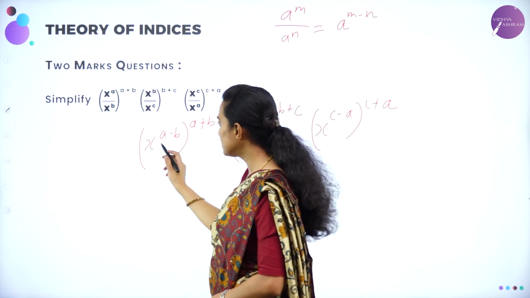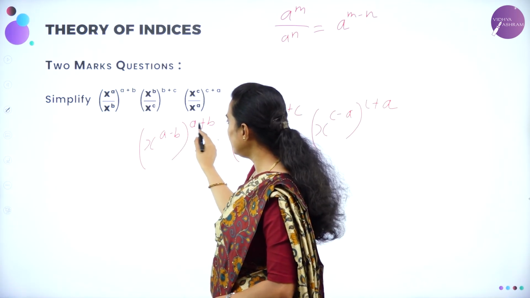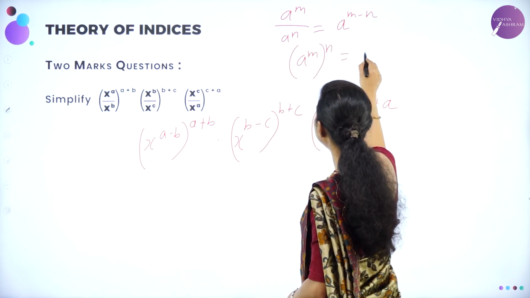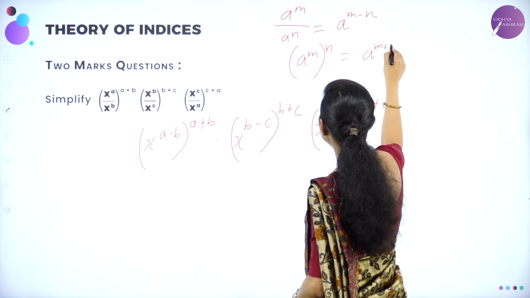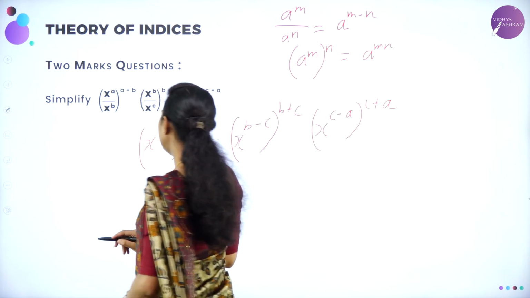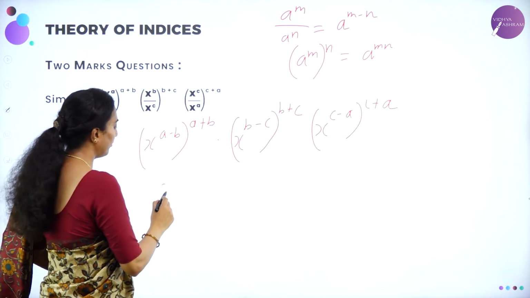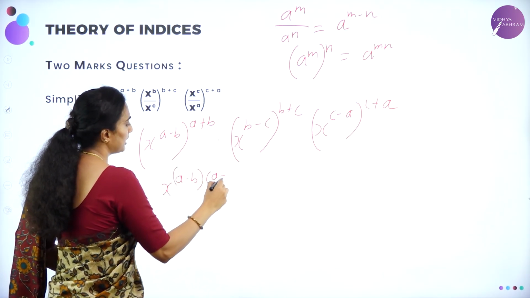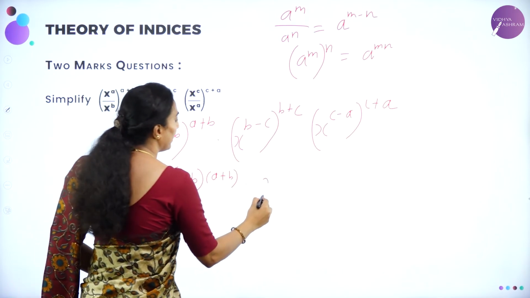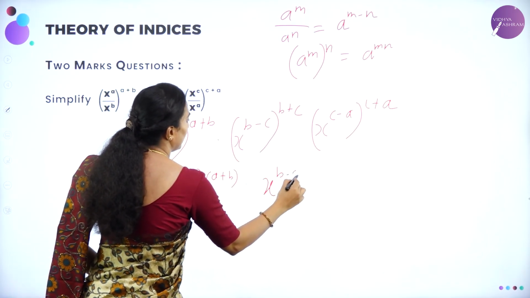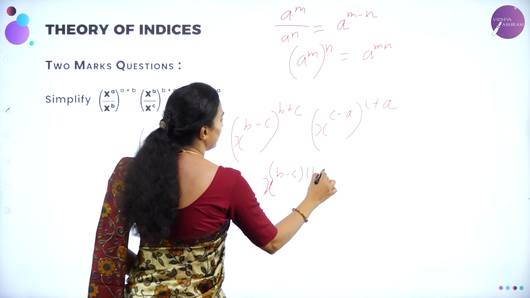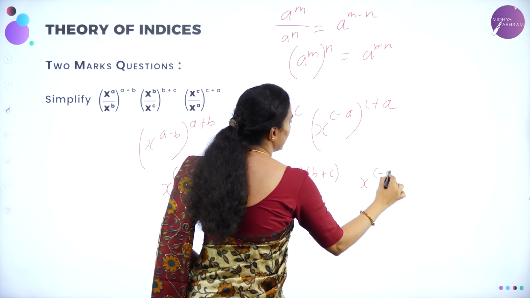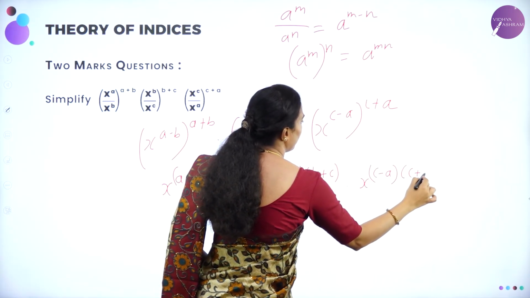Now this looks like a power m whole power n, which is equal to a power mn. So accordingly I can write that as x to the power of a minus b into a plus b, into x to the power of b minus c into b plus c, into x to the power of c minus a into c plus a.